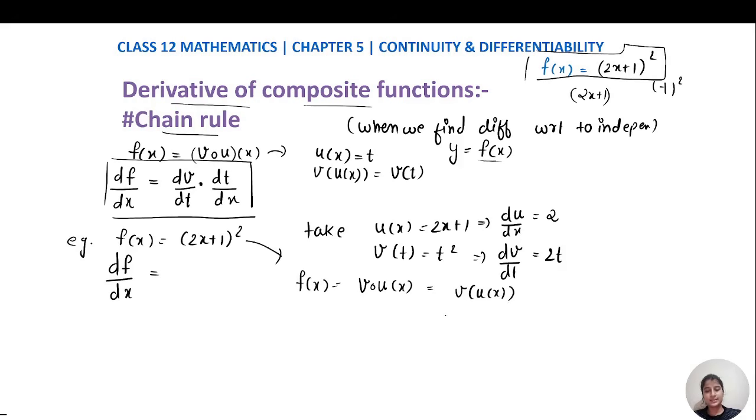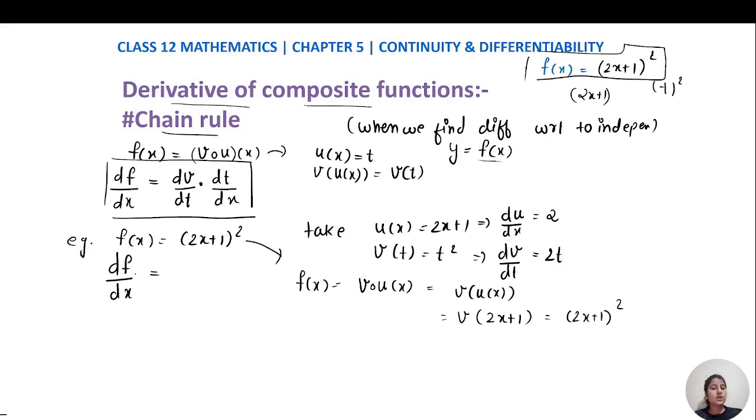It is easy to check that this is true, because u of x is 2x plus 1, and v of t is taking its square, which gives 2x plus 1 whole square. So the composition we have taken is correct.